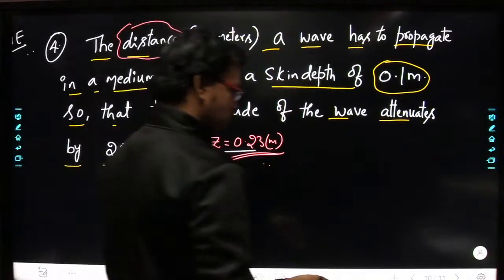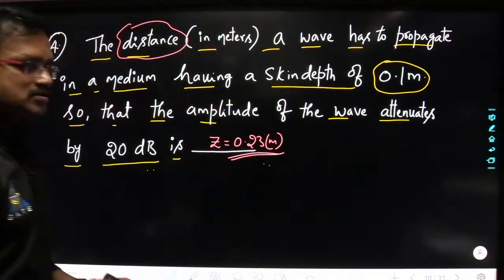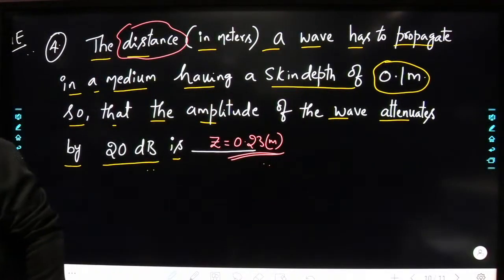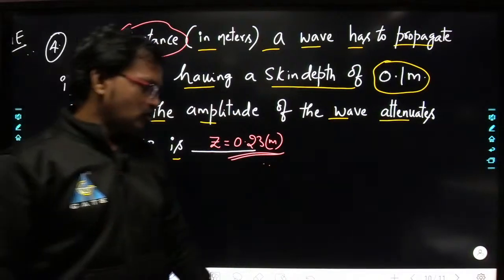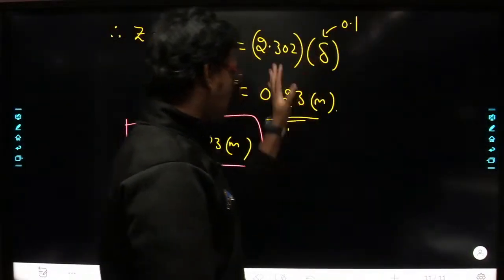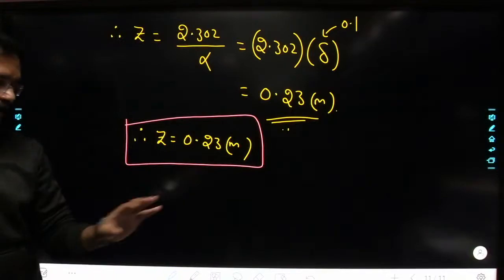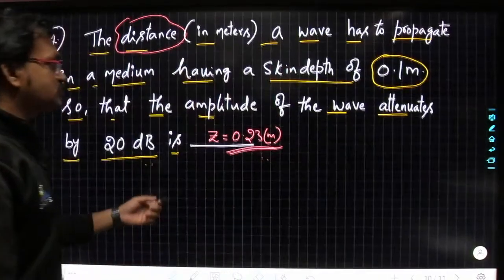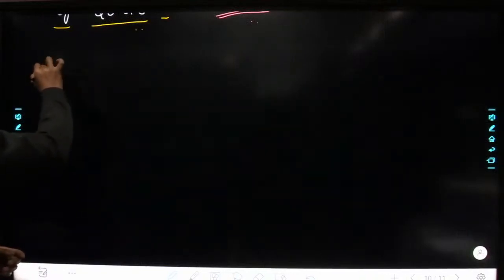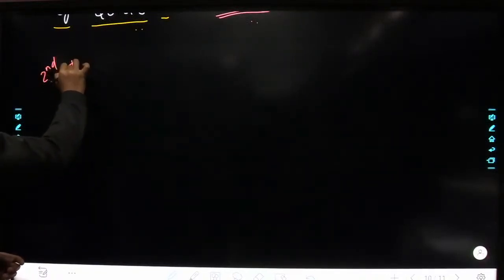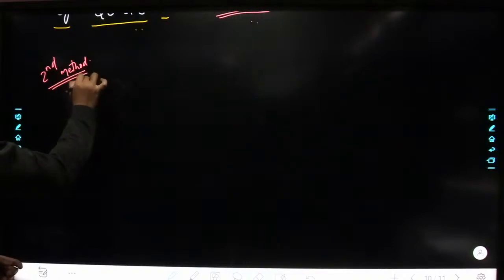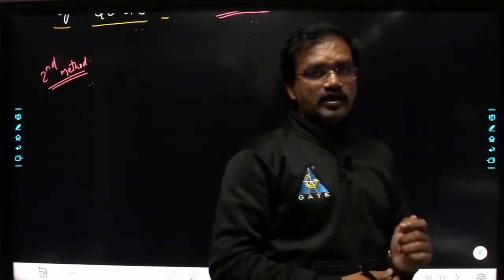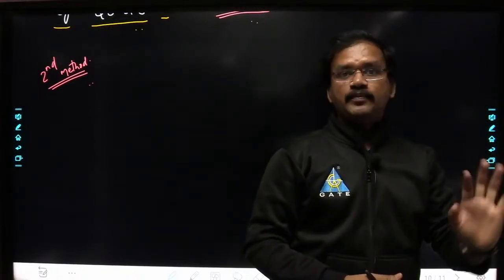The same question I can answer in a very simple manner. Without doing all this, I can solve this problem in a very simple manner. Let us say this is the second method. We know how to convert dB into Nepper and Nepper into dB.